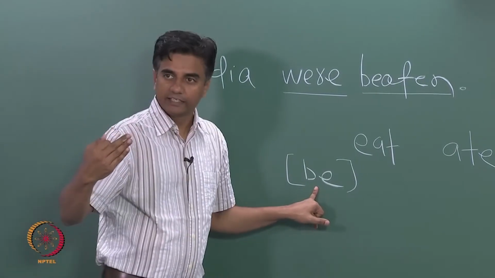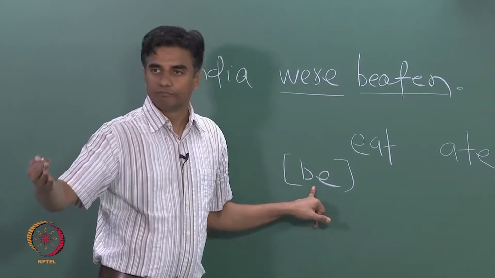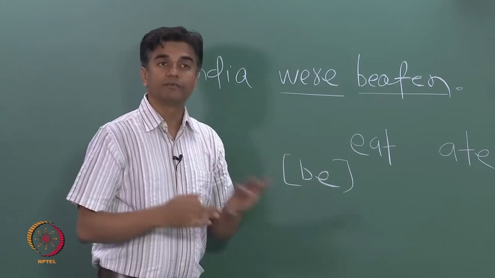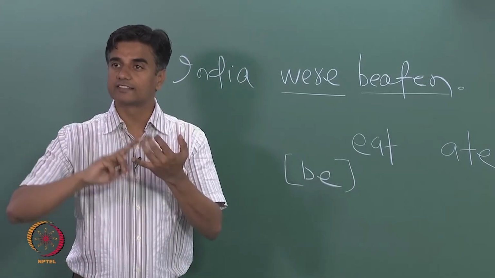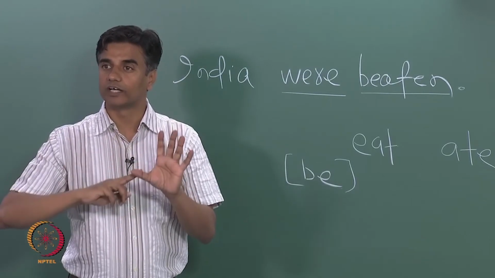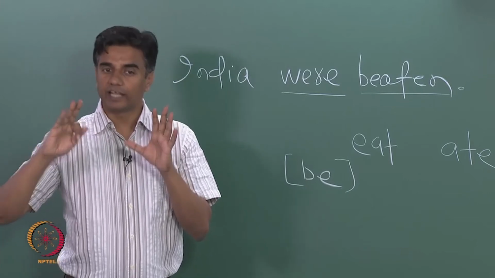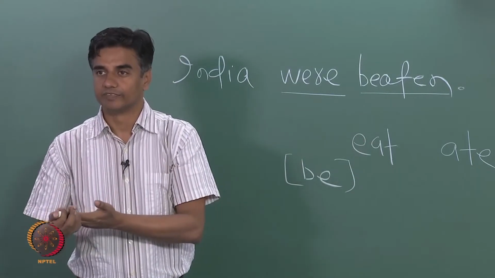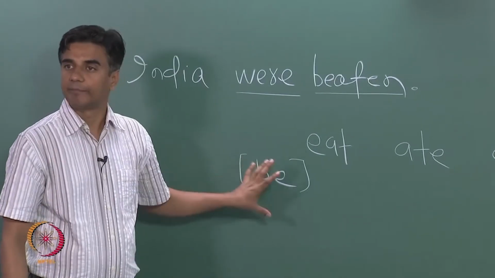Now, and again, it's important to mention, but we won't have time to get into the details of it. How this verb be acquires different forms like is, are, am, was, were, is a development of the English language from its ancient time to the modern time. There is a whole route to trace how this happened.